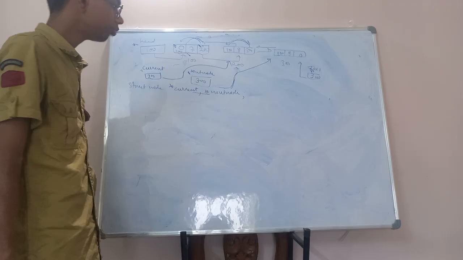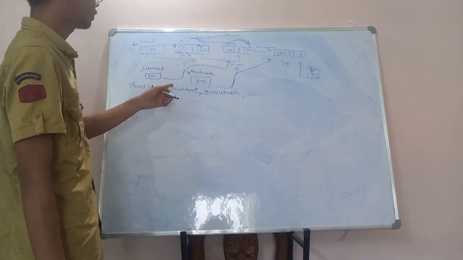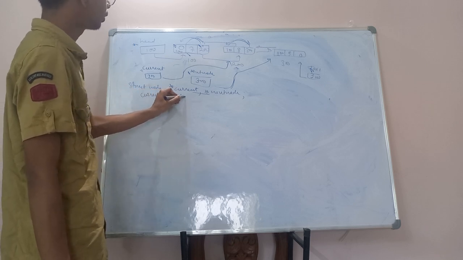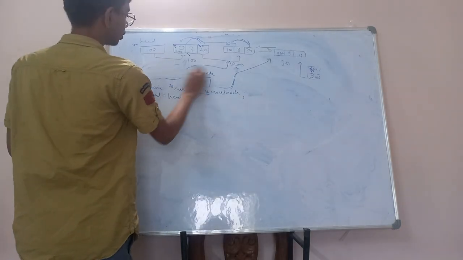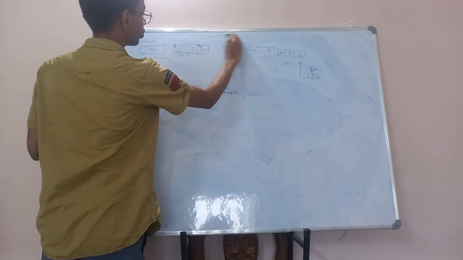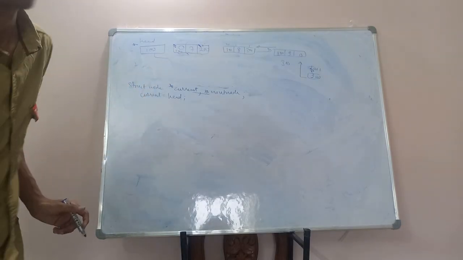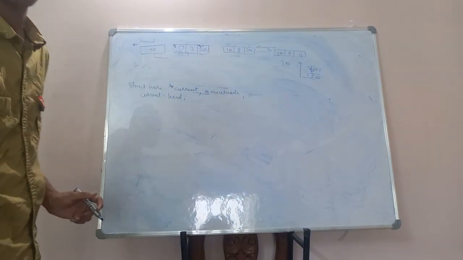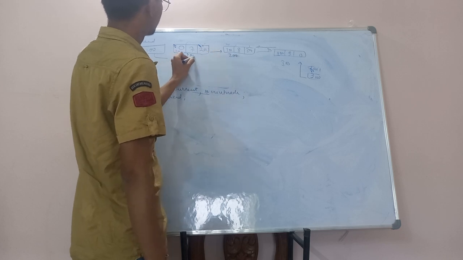Now first of all I will declare my current to be head, right? For swapping, this is pointing here, this was 200, this was 100, right?